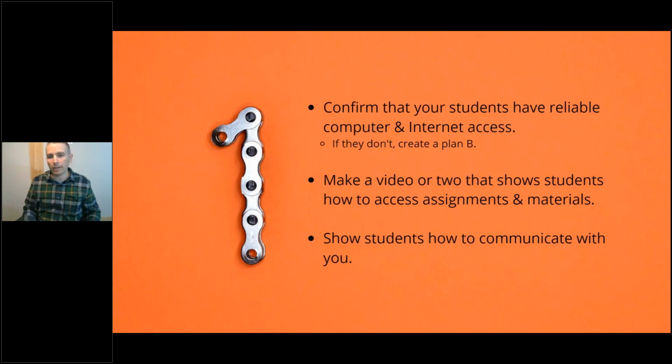But as a general outline, let's confirm our kids have reliable computer and internet access. If they don't, we're going to need that plan B. In my district, our plan B right now is old school mail, sending mailed packages with books and papers and work to do.